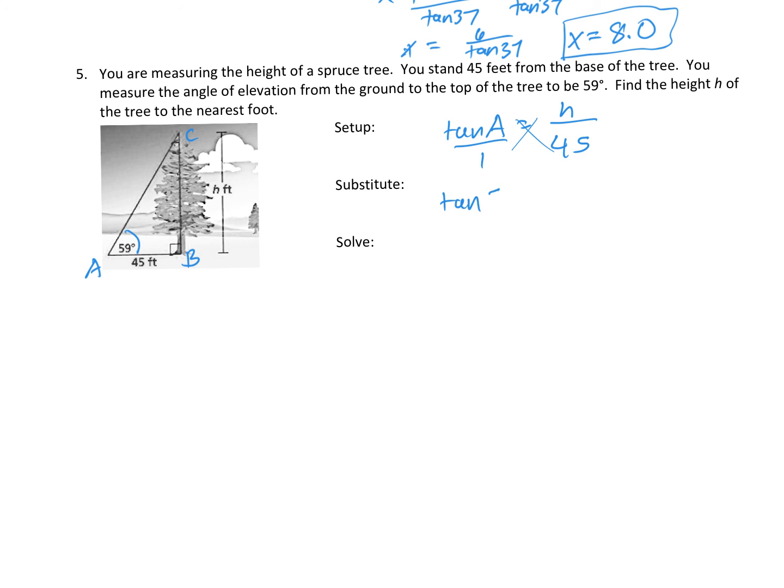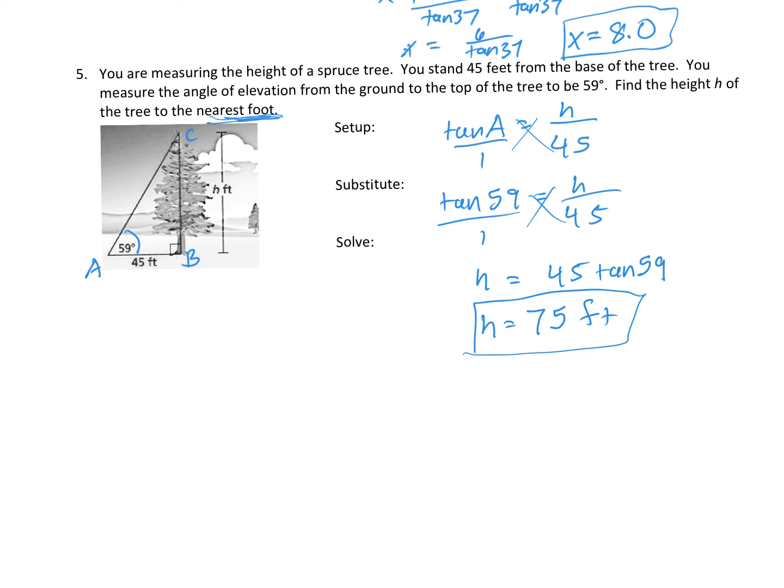So tangent of 59 must equal our height over 45. Okay, so now let's solve. So h must equal 45 times the tangent of 59. We punch that into our calculator. Height must equal, we'll round this to the nearest foot. So it is just 75 feet. And that's our answer.